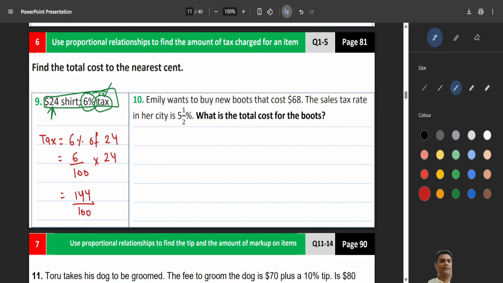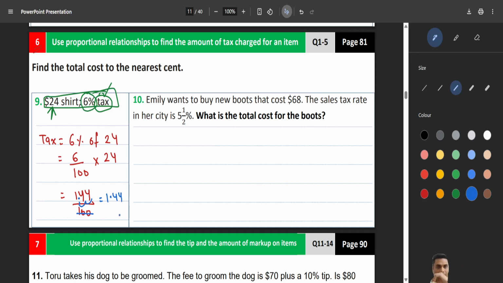Now why didn't I divide? Because if you have 100 in the denominator, do not touch it, because dividing by 100 is very easy. How many zeros do you see in 100? 2 zeros, right? So just cut the 100, and in the numerator after two numbers put the point, so it will become 1.44.